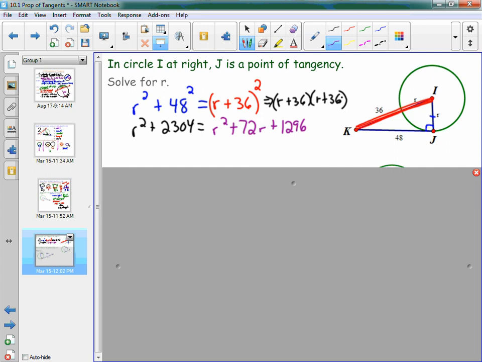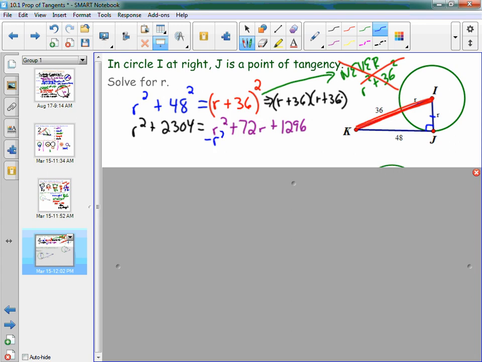And get this. It is never R squared plus 36 squared. That is not acceptable and will be costing you several points.